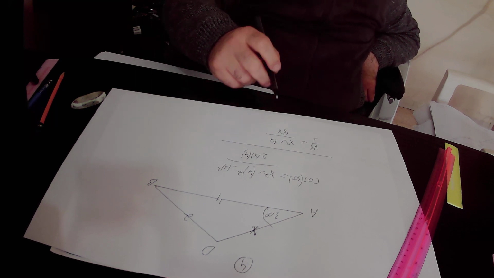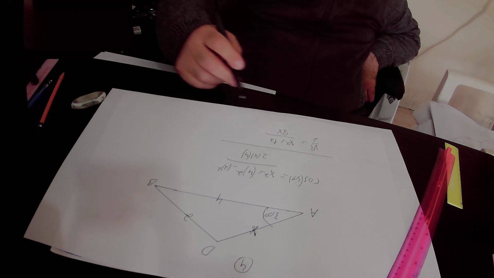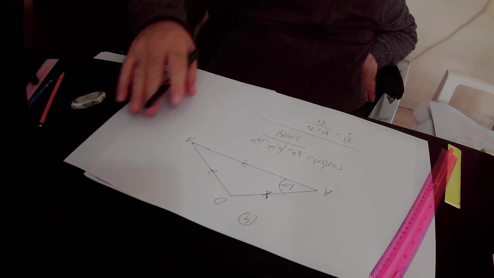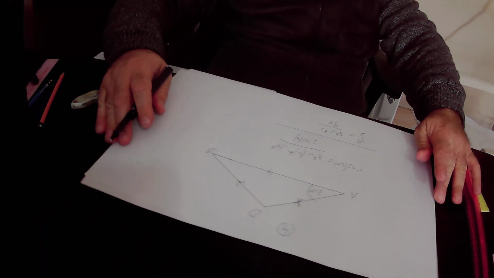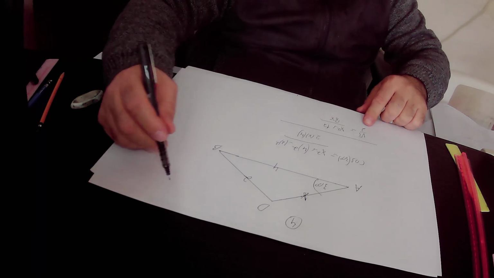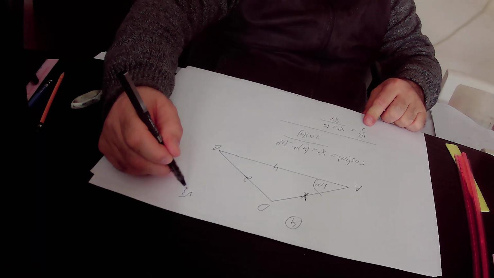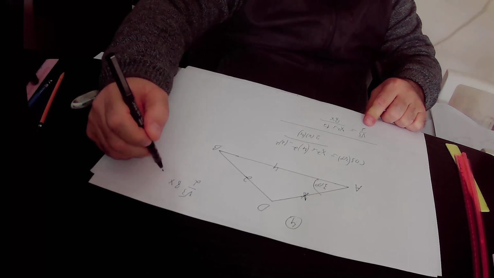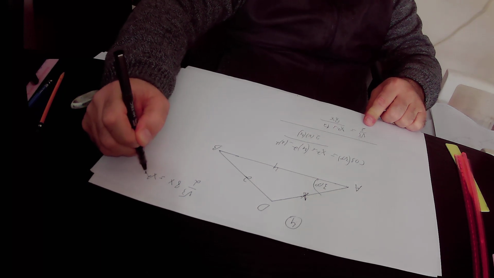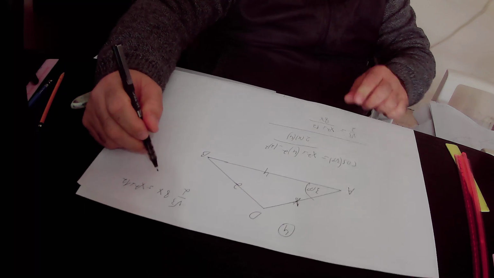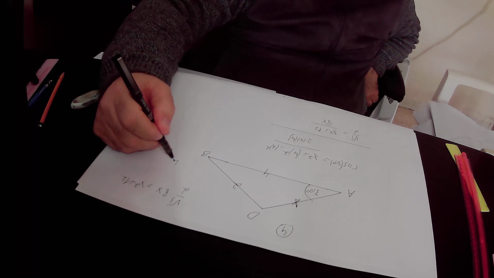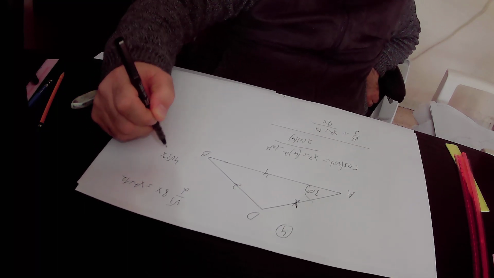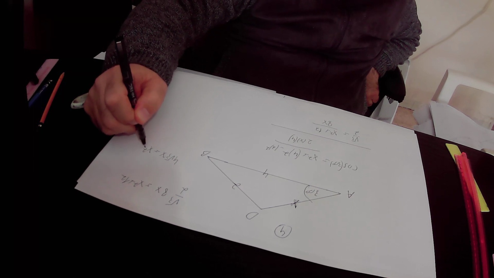So here we will multiply this equation by 8x, and we will get that square root of 3 over 2 times 8x equals x squared plus 12. 8 over 2 is 4, so we get that 4 times square root of 3 times x equals x squared plus 12.